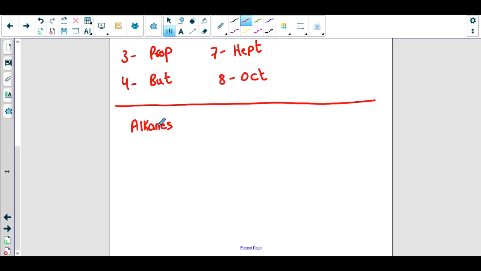What are the rules that if you want to classify some compound as an alkane? First thing, it is only based on carbon and hydrogen, because this is a hydrocarbon. Apart from that, if a compound has to be an alkane, it must have only carbon-carbon single bonds.